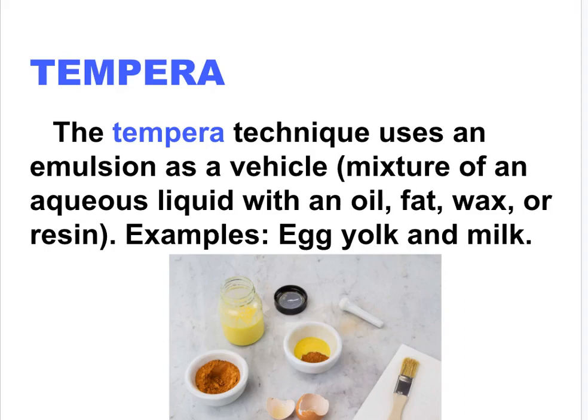It's a very simple one and something that you can make with home ingredients. Obviously, the egg yolk and the milk is how you make the emulsion, and then you can mix it with just a home thing like paprika, which is a spice that has a lot of colorant to it. You could use cinnamon or other spices that look like they have some rich color to them. Mix them with that emulsion, and you'll get paint that you can paint with.